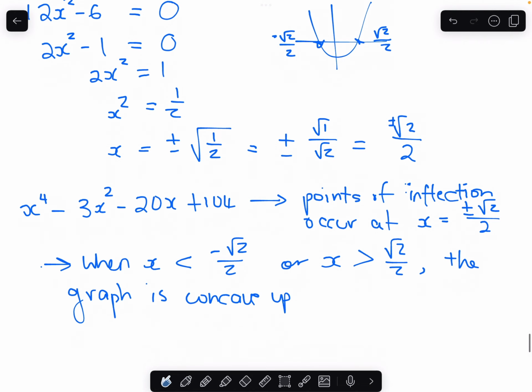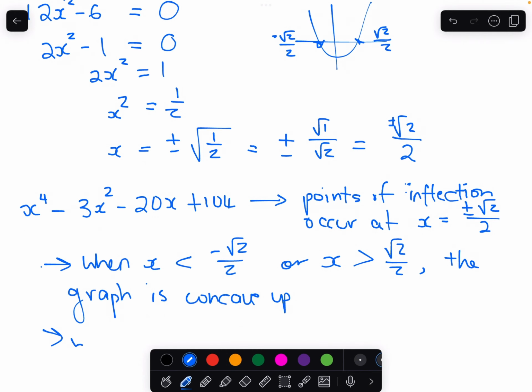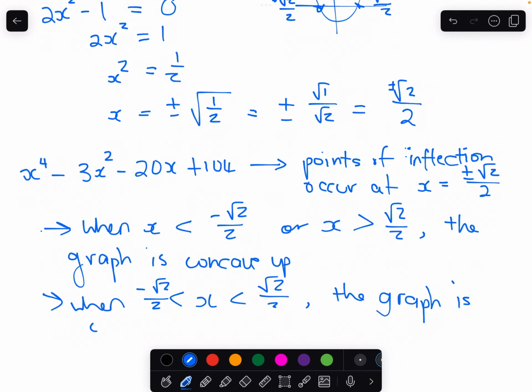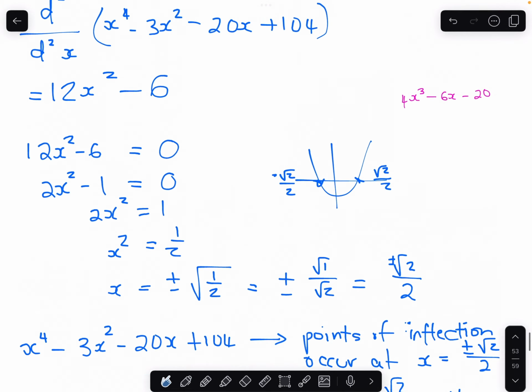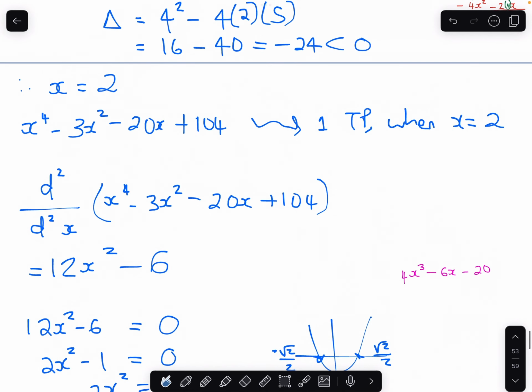And then we know that when x is between negative root 2 over 2 and root 2 over 2, the graph is concave down. Right, and we know that there is a turning point when x is equal to 2.